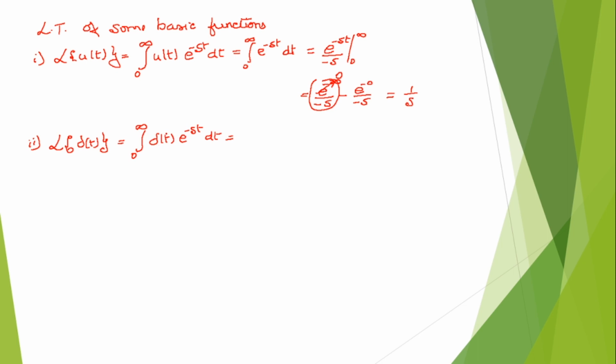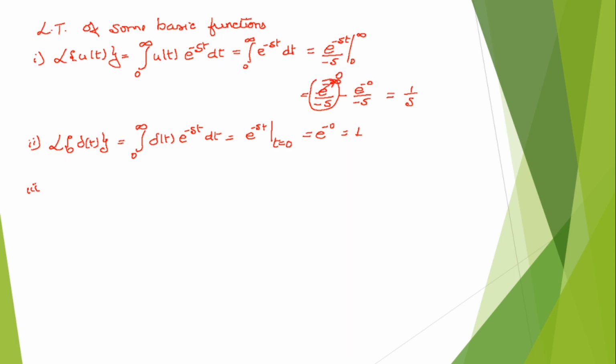So when delta of t is equal to 1, that is at t equal to 0, it is e to the power minus st at t equal to 0. Not an integration, at t equal to 0. So at t equal to 0, it is e to the power minus 0 equal to 1. So Laplace transform of delta of t equal to 1.